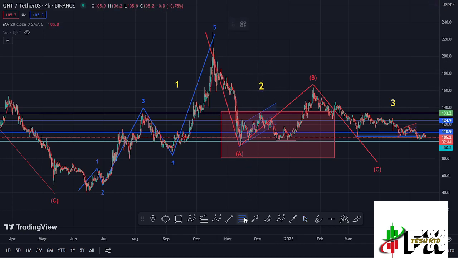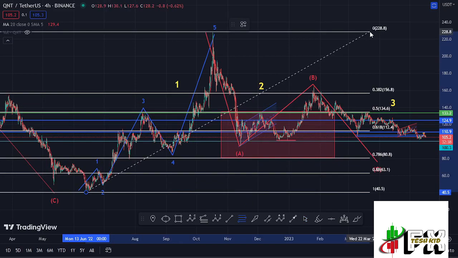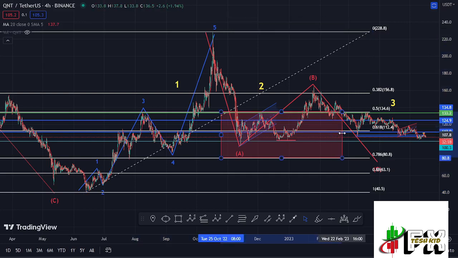And using the Fibonacci's, connecting them from the low of the first wave to the high of that wave 1, that now gives me a minimum target in the formation of this wave 2 between the fib level 0.5 and the fib level 0.78, which is a target area that lies between the $134.6 mark and the $80.8 mark, which is the area highlighted here on the charts using this red target area.